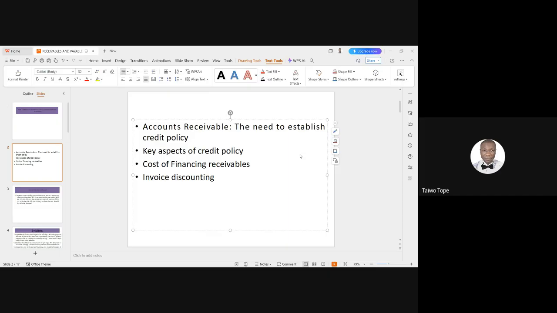You can also get information from the company sales records or credit scoring. There are some organizations whose credit rating is online. Through their financial information and performance, you can get to know how well they are performing.